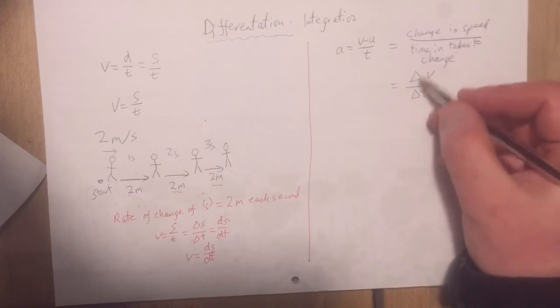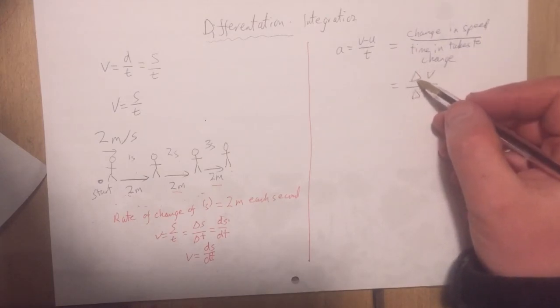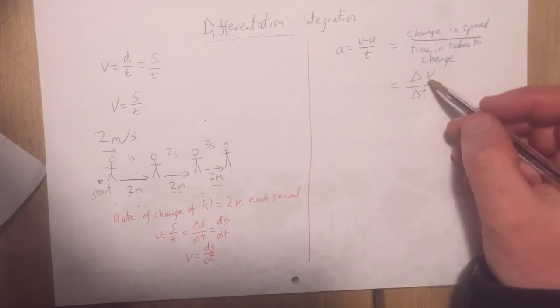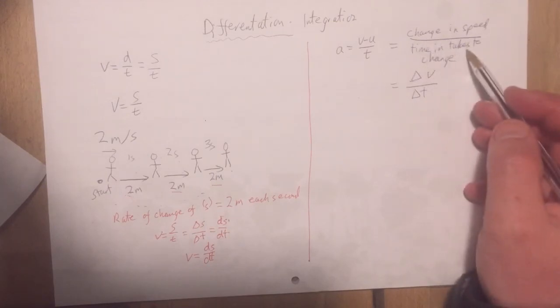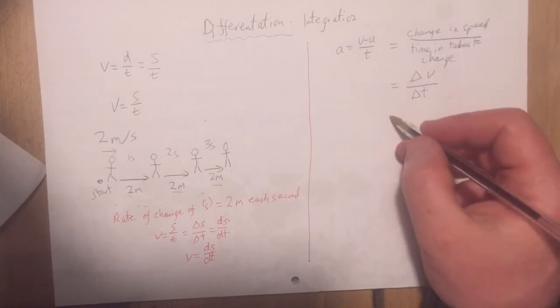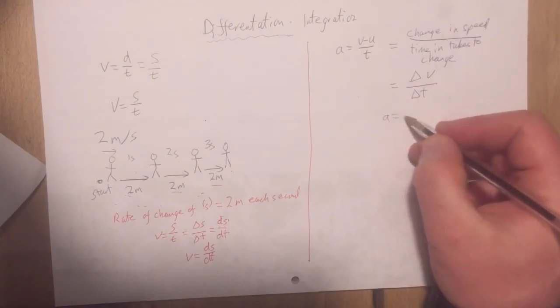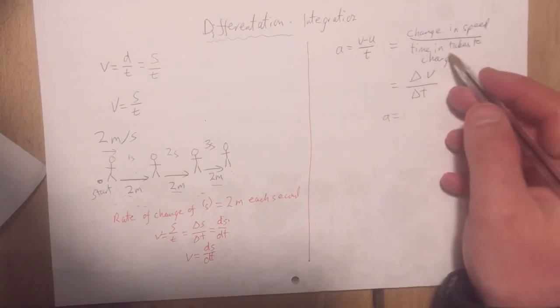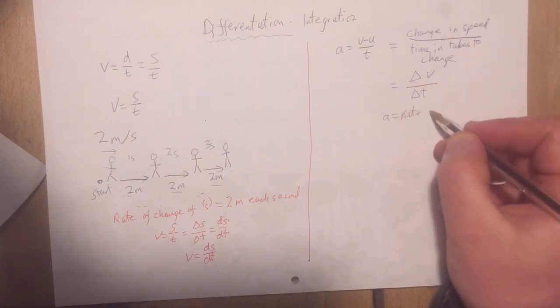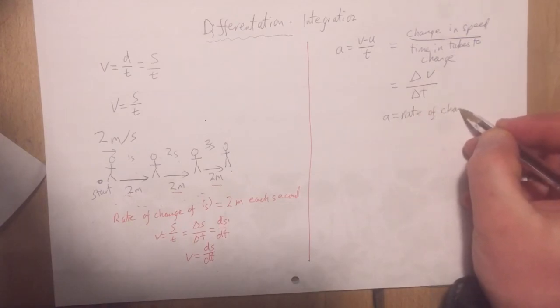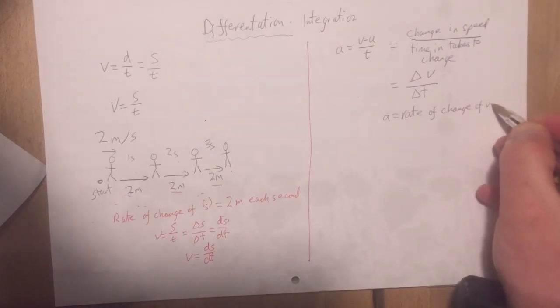Don't worry about this notation if you don't really like it very much. Remember we used delta t in National 5. Delta just means the change in. But basically the change in speed over the change in time, the definition of acceleration, the change in speed per second, is basically the rate of change, and I should really say of velocity.